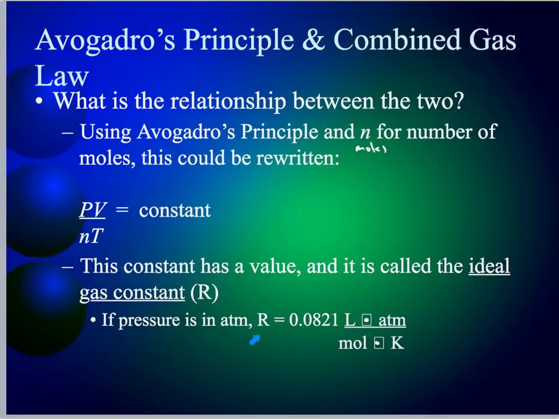If the pressure is in atmospheres, R is equal to 0.0821, and the unit on this is actually important: liters times atmospheres divided by moles times Kelvin. 0.0821 liter atmospheres per mole Kelvin. And we're going to use that in place of where the word constant is.